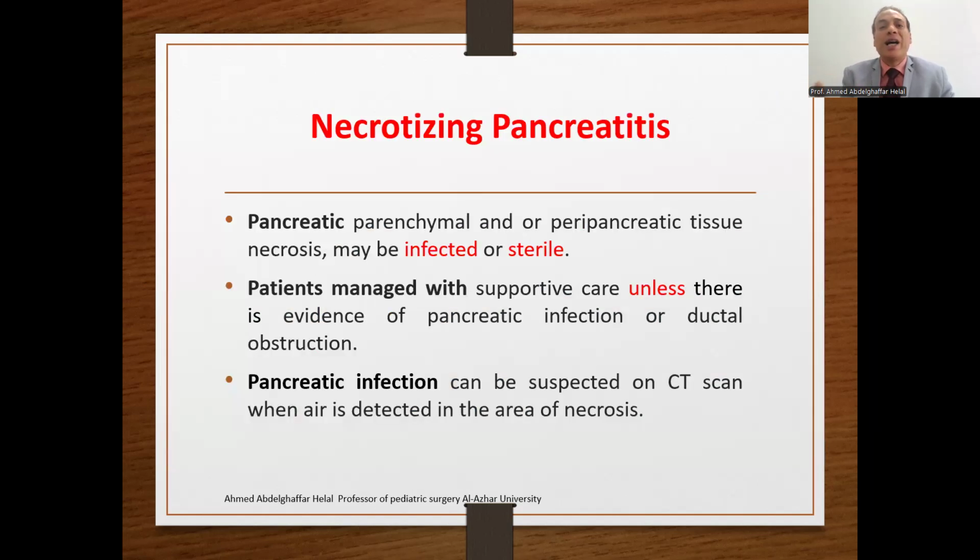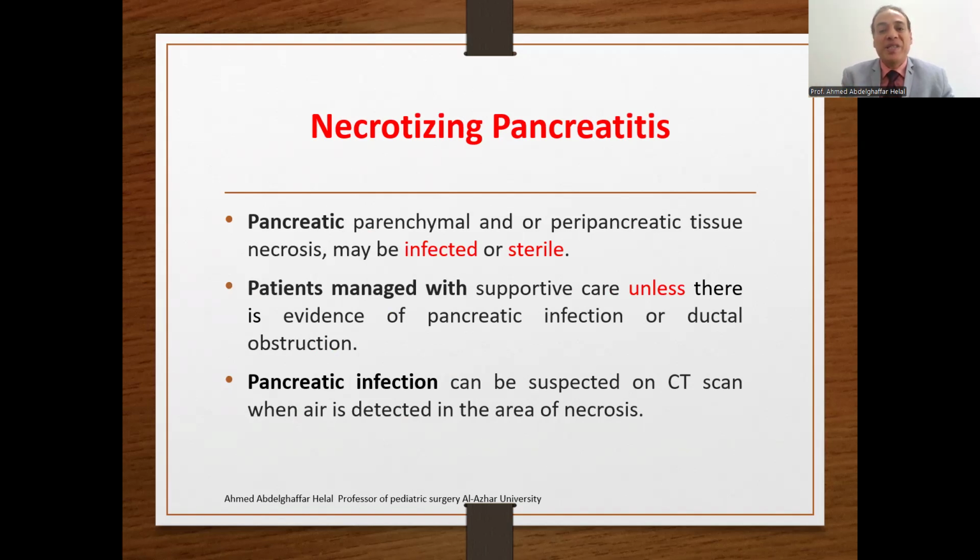Another item is necrotizing pancreatitis, which means there is pancreatic parenchymal necrosis or peripancreatic tissue necrosis, and this necrosis may be infected or sterile. The patient here will be managed with supportive care unless there is evidence of infection or ductal obstruction.